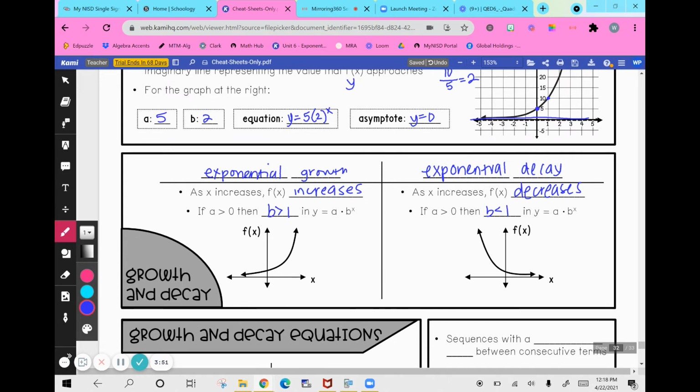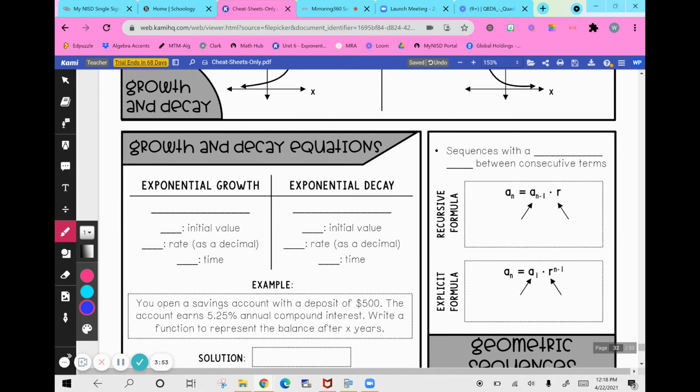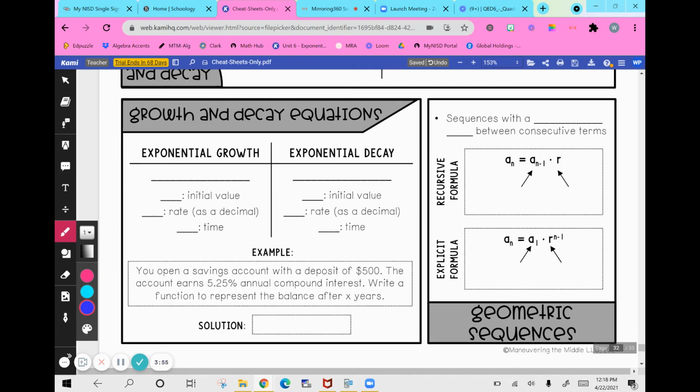So when we're talking about writing growth and decay equations, you're going to use these formulas. It's y equals a times 1 plus the rate to the x power. A is still your initial value or your y-intercept, and r is your rate as a decimal.